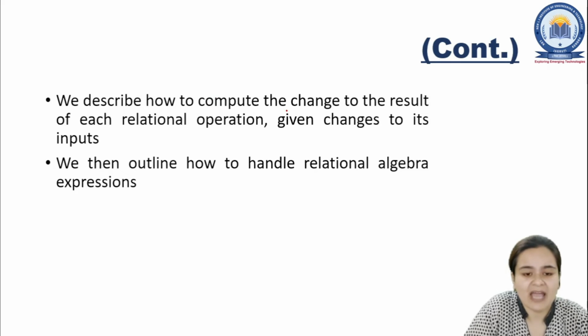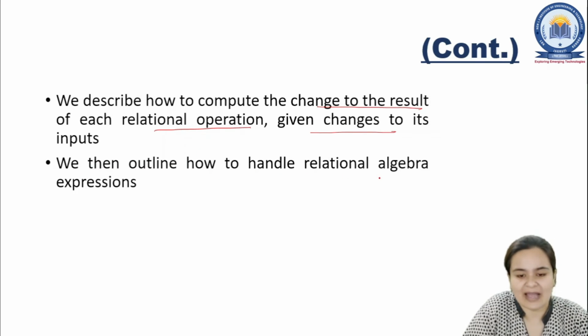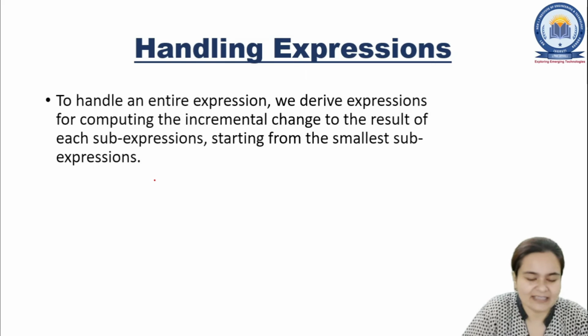Now we describe how to compute the change to the result of each relational operation, given the change to its input. We then outline how to handle relational algebra expressions.